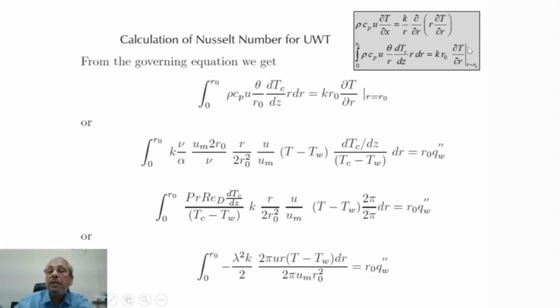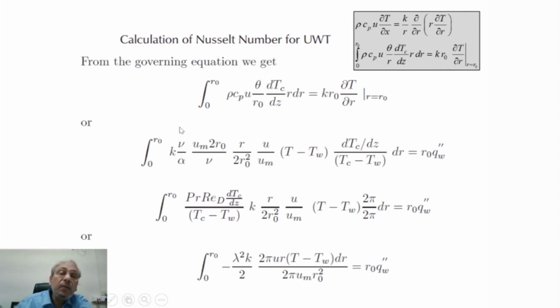It should be mentioned that del T del r at r equal to 0 is 0. So when we set the limits, the term doesn't appear, and we get the expression at r equal to r naught.